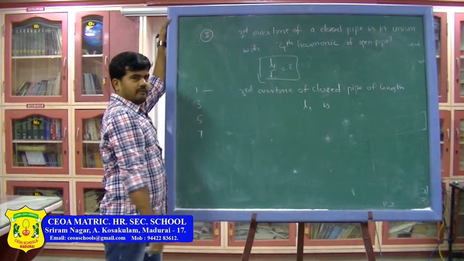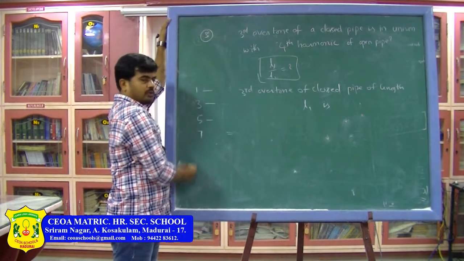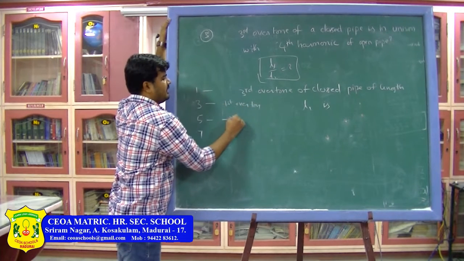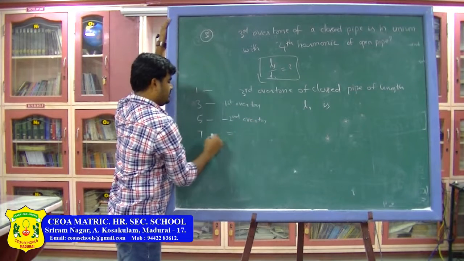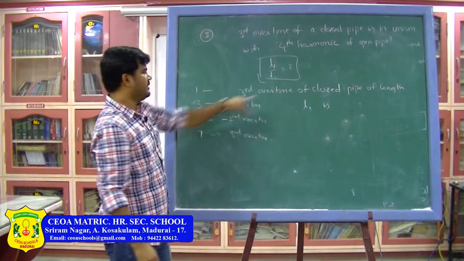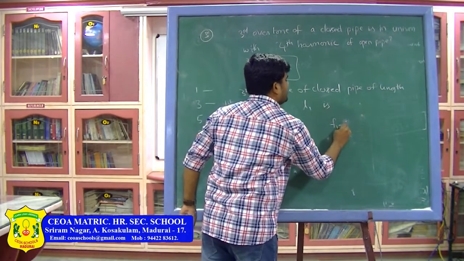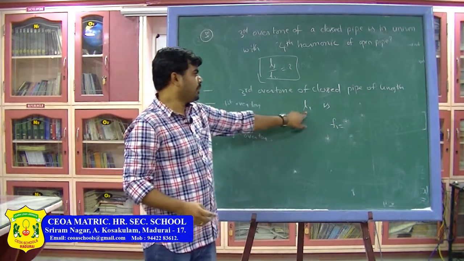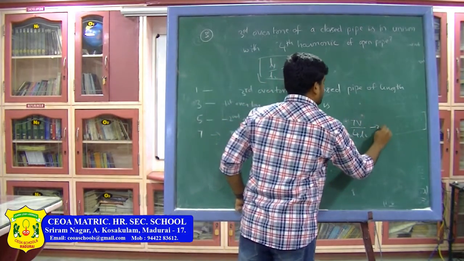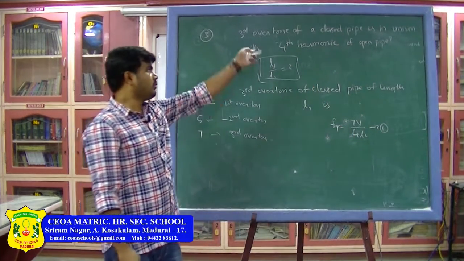So, this is fundamental frequency first one, this is third harmonic or first overtone, and this is fifth harmonic or second overtone, and this is third overtone. So, third overtone nothing but seventh harmonic. So, here that frequency F7 is equal to, so if pipe length is L1, that will be 7 V by 4 L1. This is first equation, F7, that is seventh harmonic of the closed pipe or third overtone of closed pipe.